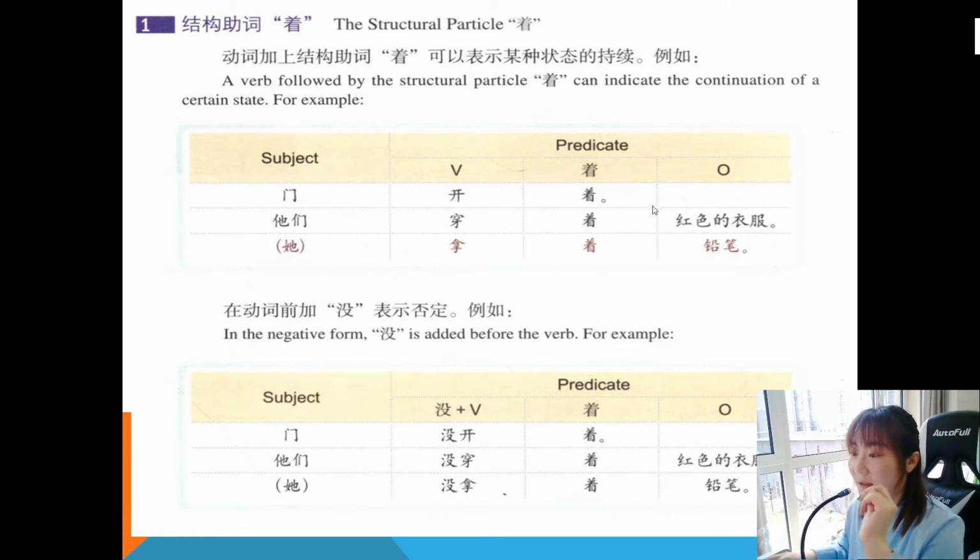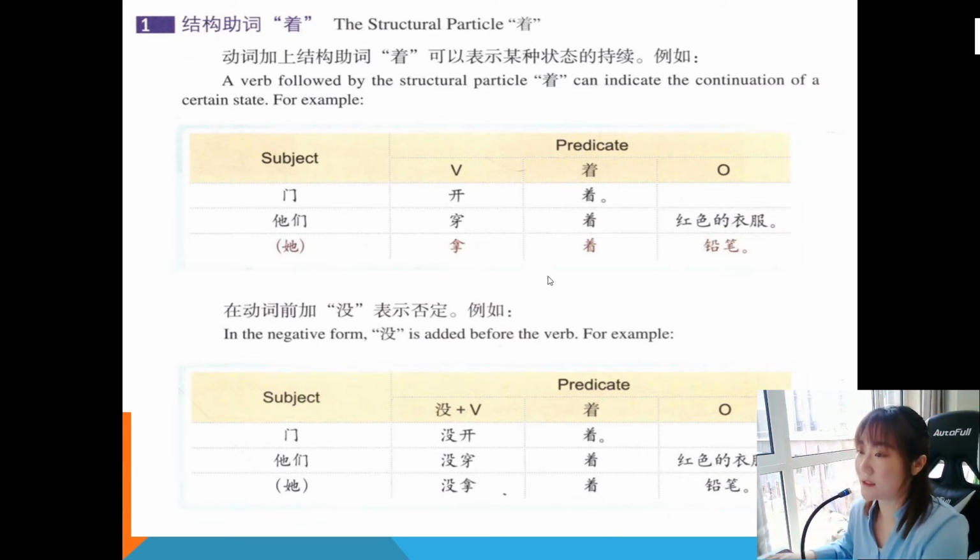We can add 没有 at the end of the sentence. For example, the door is open, 门开着. So we can ask, is the door open or not? 门开着没有？他们穿着红色的衣服没有？Just add 没有 at the end of the sentence.